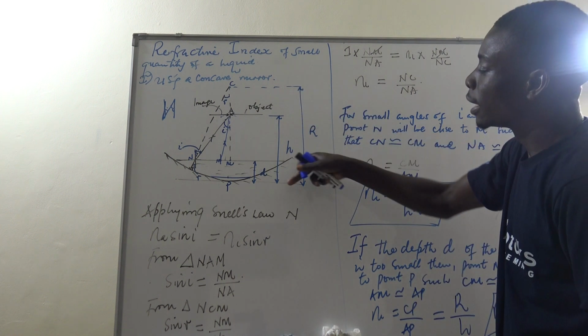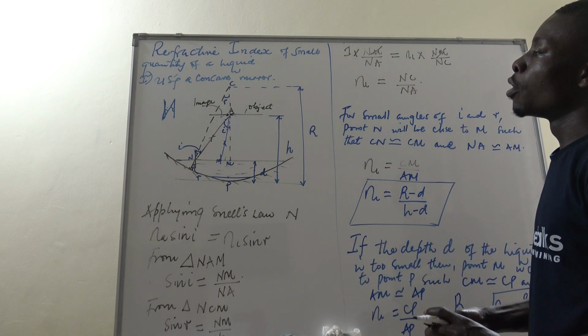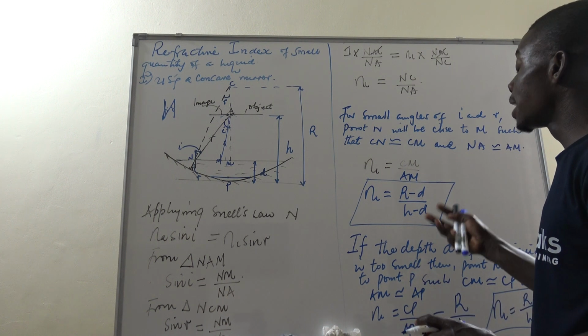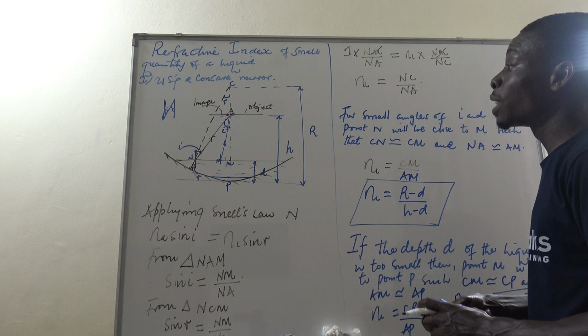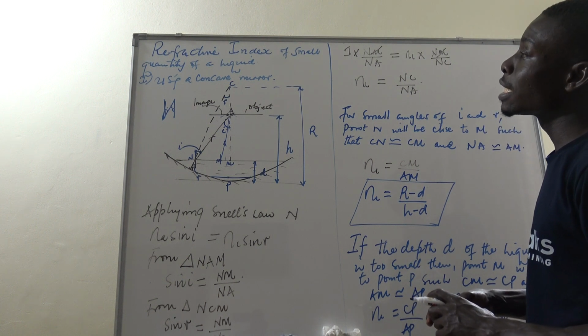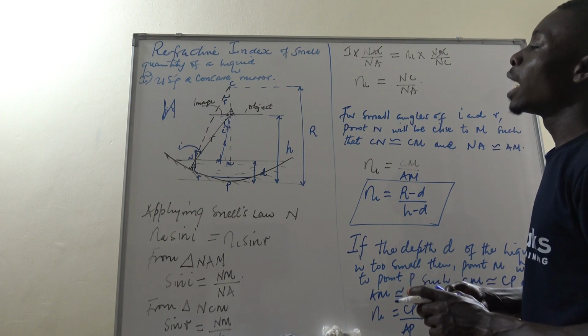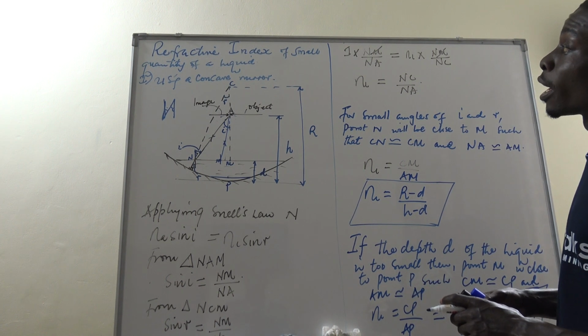And then H is the point of coincidence between the image and the object, and d is the depth of the liquid. So this is an expression for the refractive index of a smaller quantity of the liquid, and we are basically looking at a concave mirror.